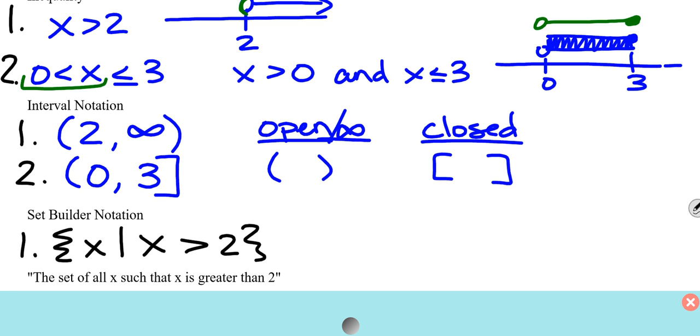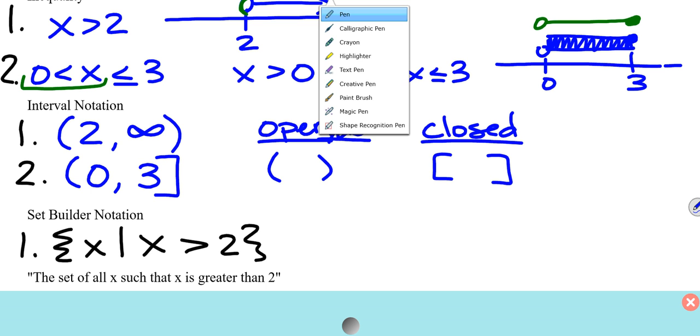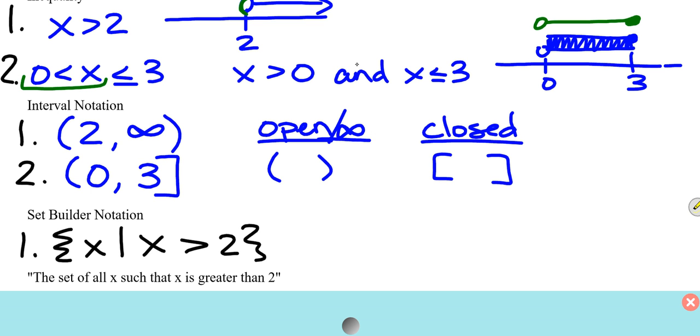Curly brackets again. So notice how for this example, we're taking this inequality and we write it within our set.